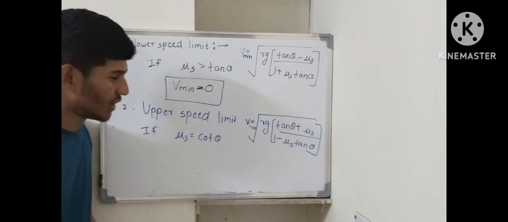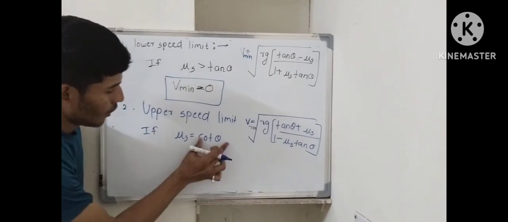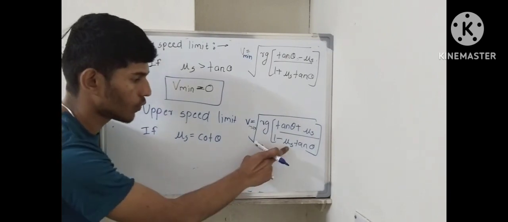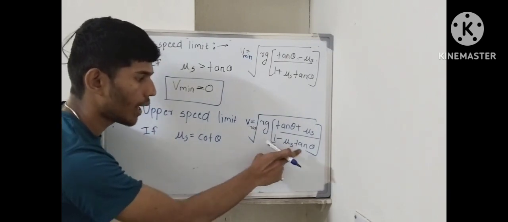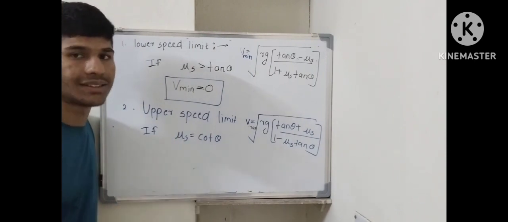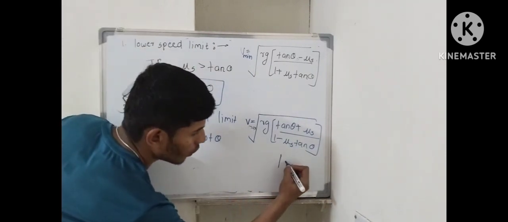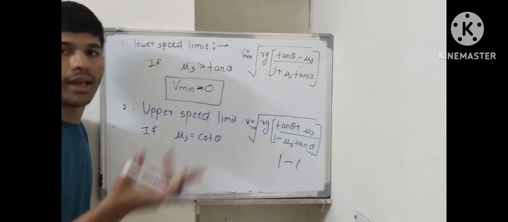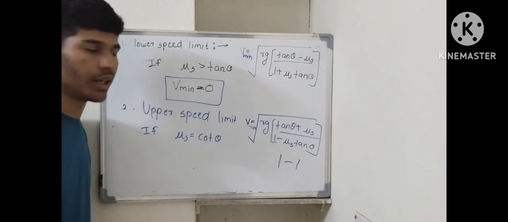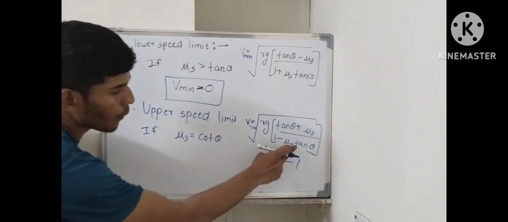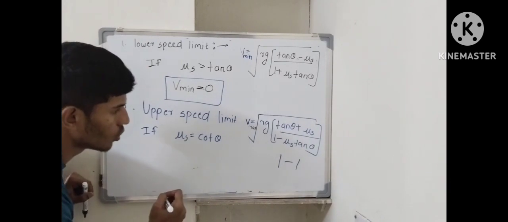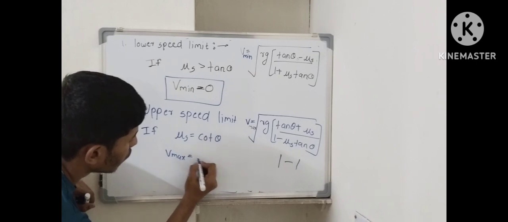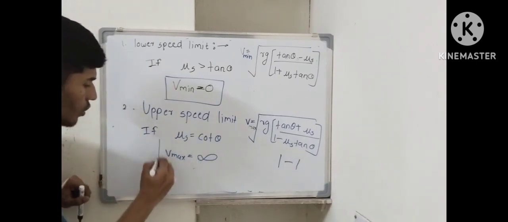If you put the value of mu s as cot theta, so cot theta and tan theta will get cancelled. What will remain? 1 minus 1, which is 0. And anything upon 0 will be infinity. You know that. So V max will be infinity. Note that.